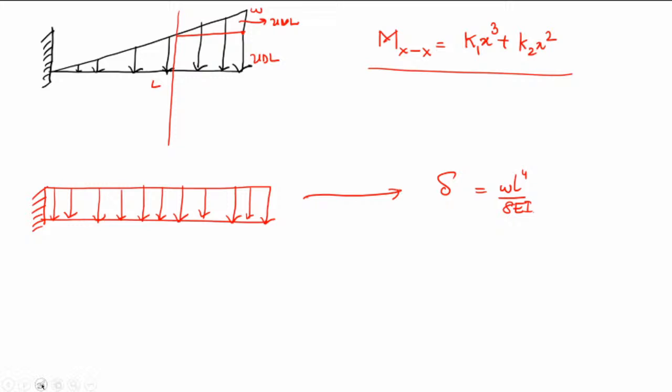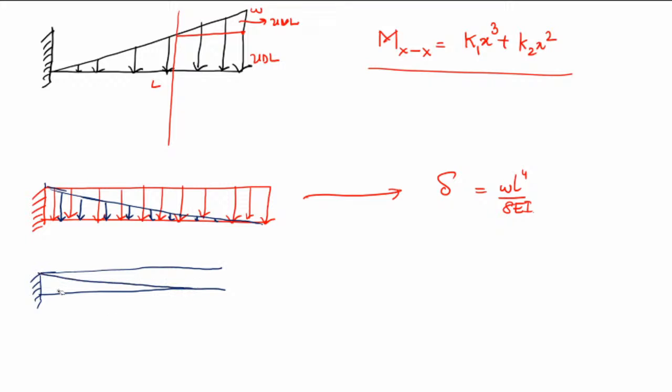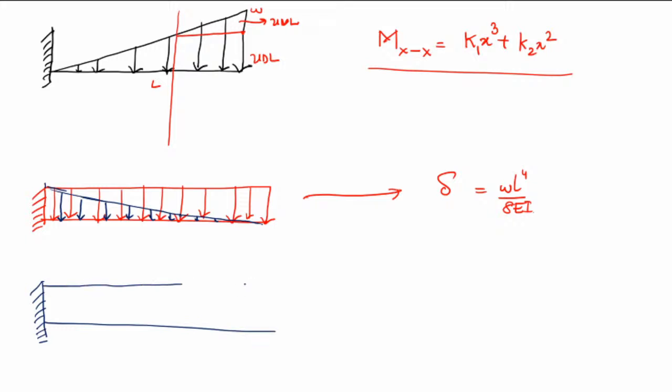From this uniformly distributed load, if I cut the uniformly varying load of this fashion, this blue color uniformly varying load, if I cut this area, the leftover load will be something like this.